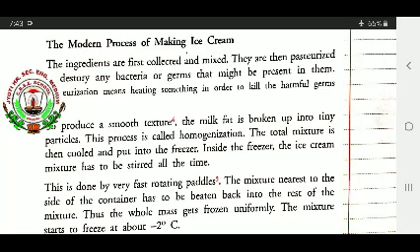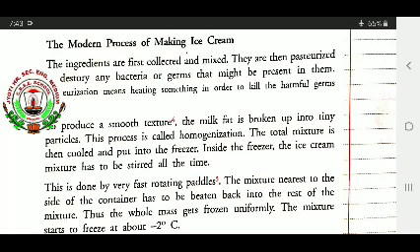This is done by very fast rotating paddles. The mixture nearest to the side of the container has to be beaten back into the rest of the mixture. Thus, the whole mass gets frozen uniformly. The mixture starts to freeze at about -2 degrees Celsius.